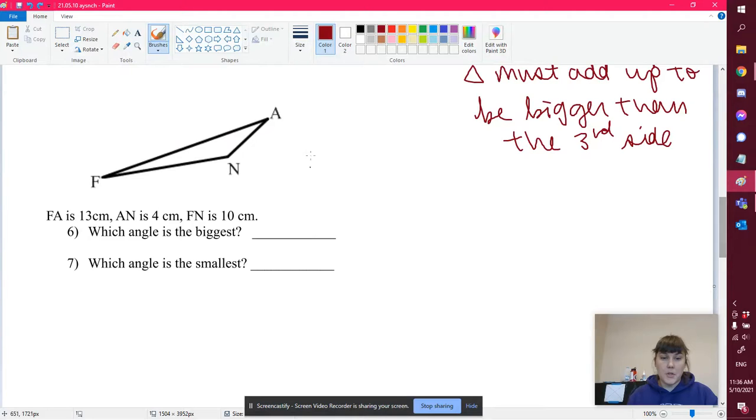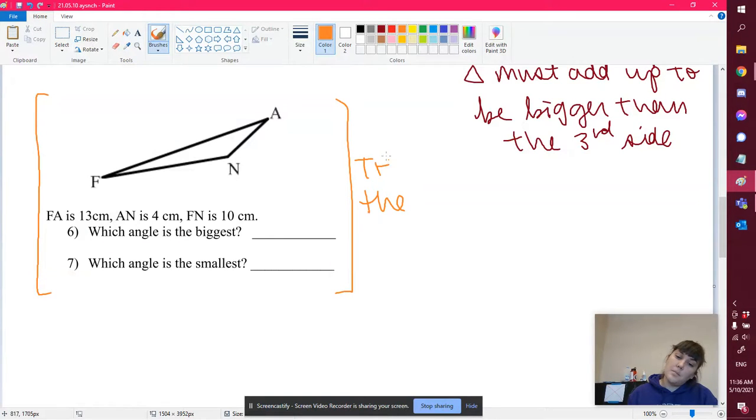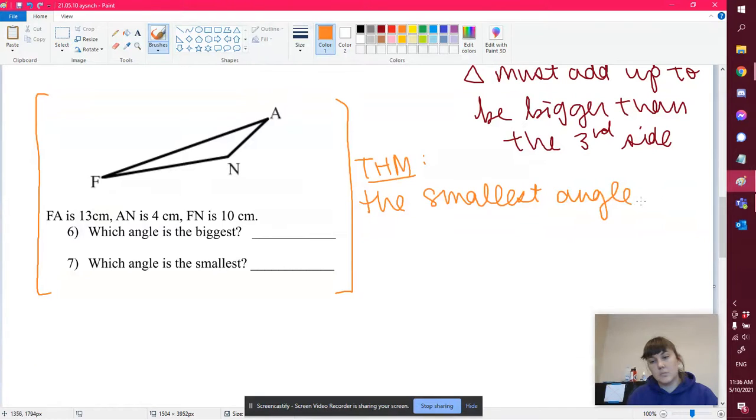And then our triangle big question 2 affects this one, which is the theorem: the smallest angle is across from the smallest side in a triangle.